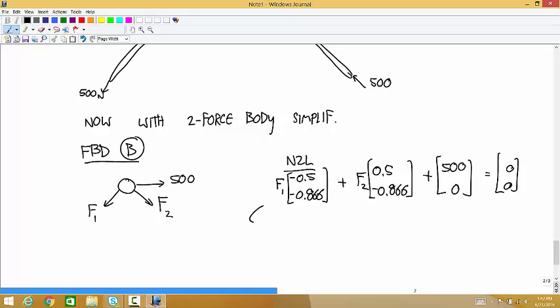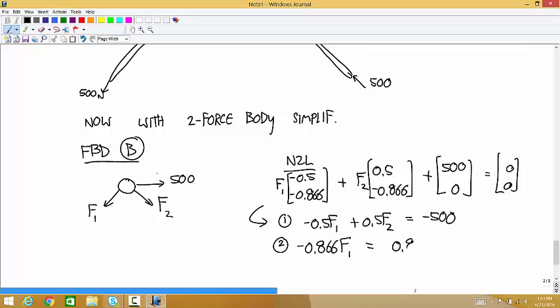And so we get two equations. The first one says negative 0.5 F1 plus 0.5 F2 is equal to negative 500. And the second one says negative 0.866 F1 is equal to positive 0.866 F2.